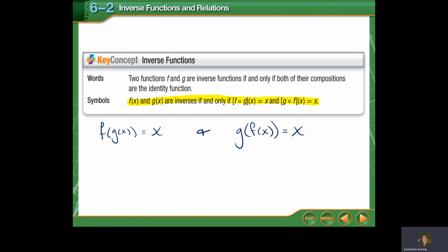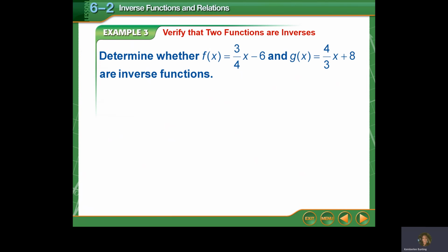All right, here we go, y'all. Determine whether f of x equals 3 over 4x minus 6 and g of x equals 4 over 3x plus 8 are inverse functions. Well, how are we going to figure that out?